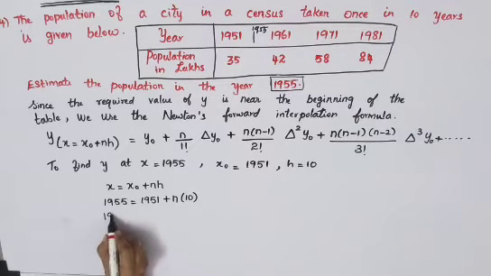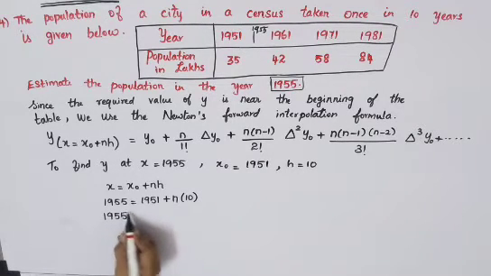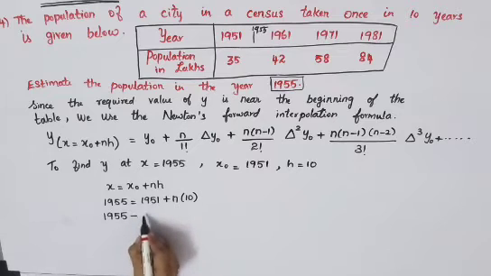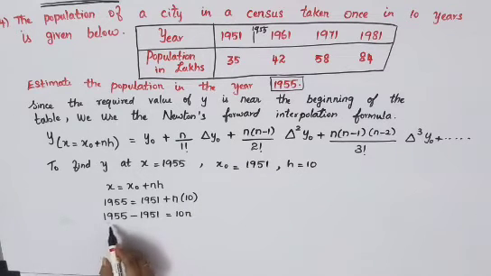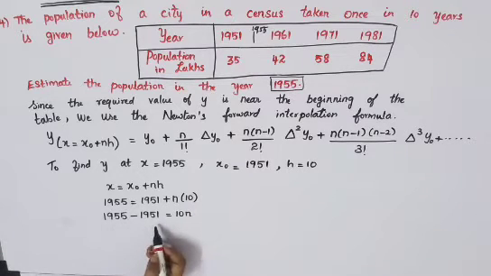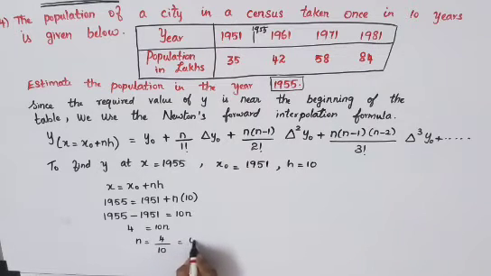Take 1951 to the left hand side, so it becomes minus 1951. 1955 minus 1951 gives 4, which is equal to 10n. Therefore n is equal to 4 divided by 10, that is 0.4. Therefore, the value of n is 0.4.